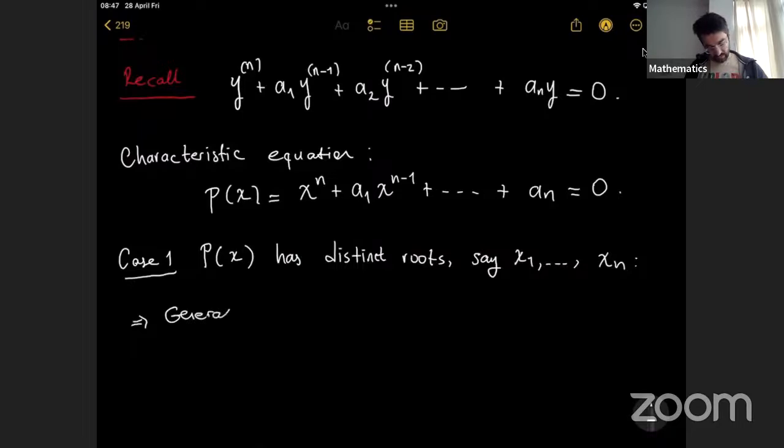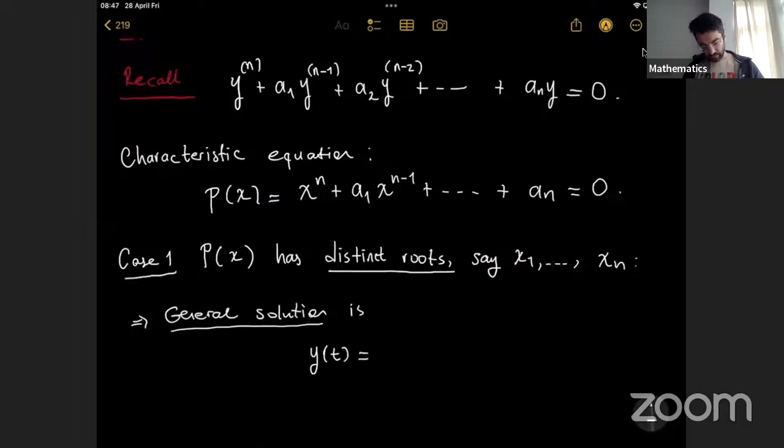In that case, we discussed this last time, when we have distinct roots, the general solution is basically y of t is equal to the combination of e to the lambda_i t's: c1 e to the lambda 1 t plus c2 e to the lambda 2 t, and so on.